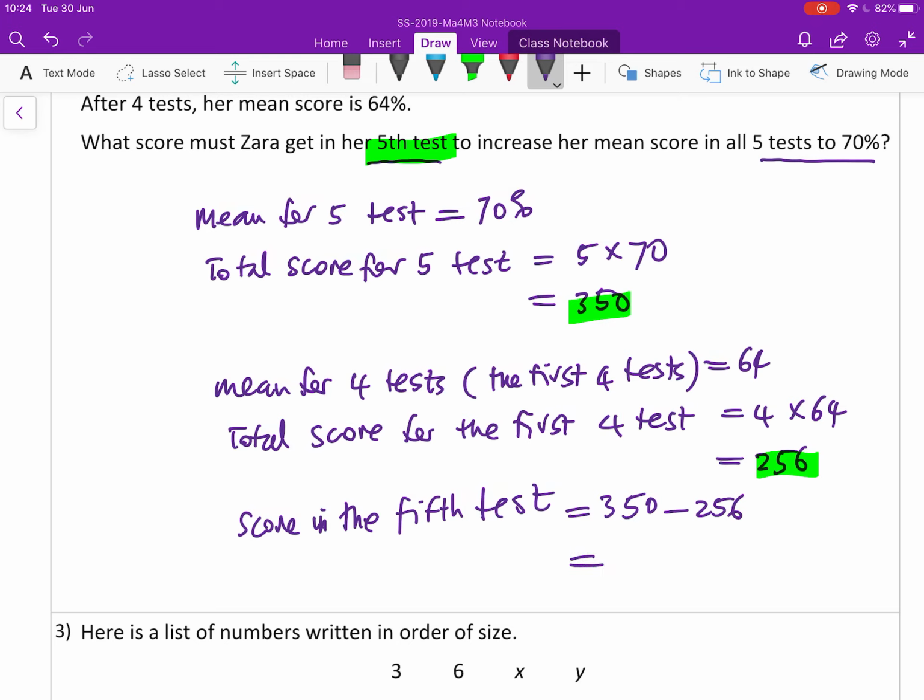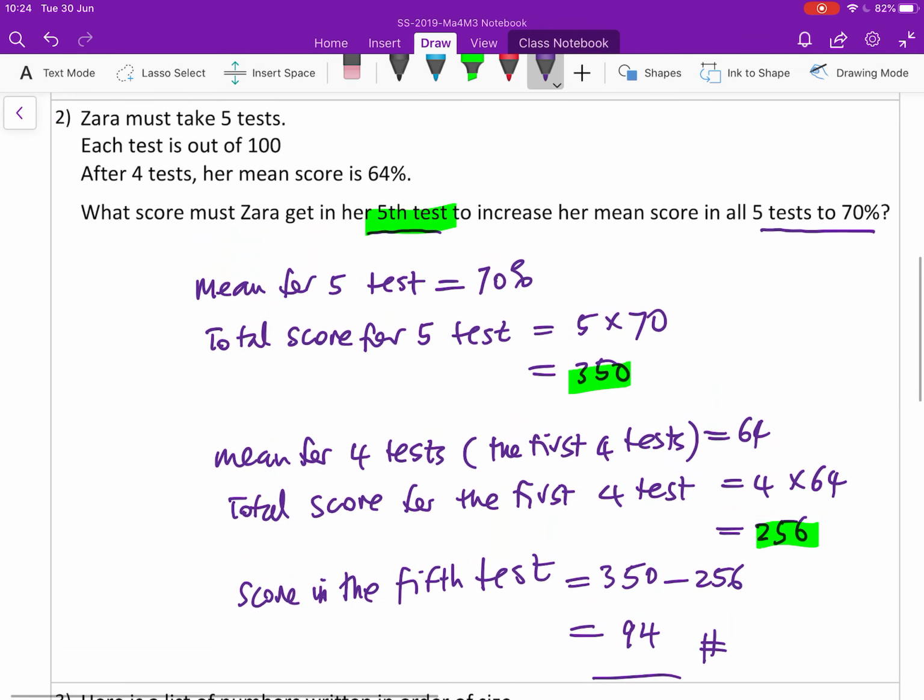So how much is that? It'll be 94. So if Zara scores a mean of 64 in her first 4 tests, she needs to score 94% in her 5th test in order for her mean in all 5 tests to be increased to 70%.